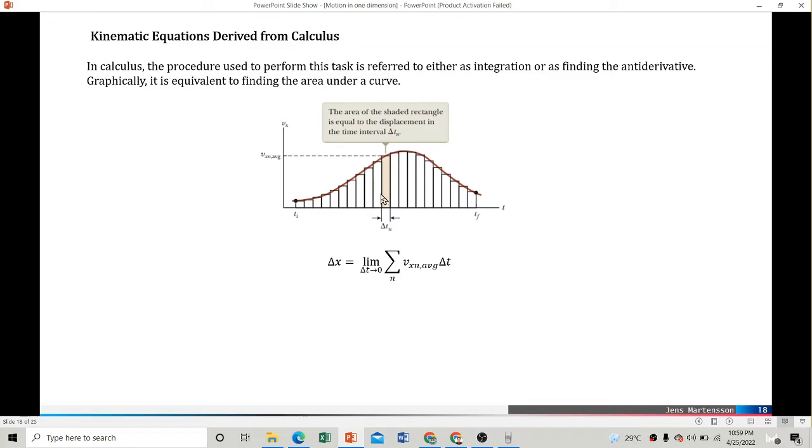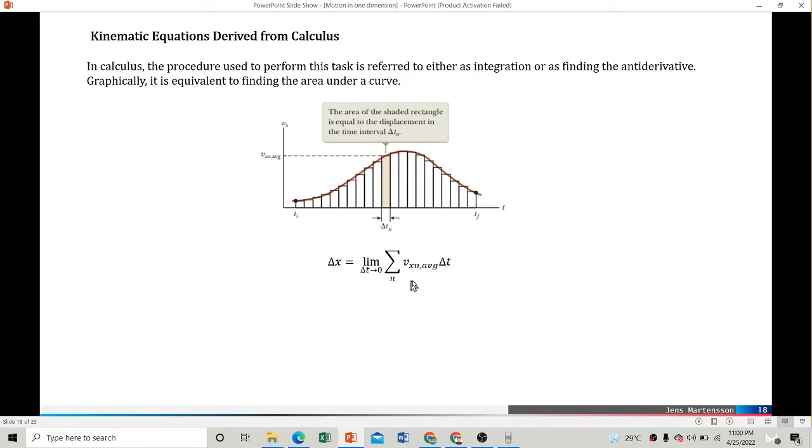The more strips we have, the narrower the rectangles become, so they fit our curve better. Then we get the total area of this curve, within the boundaries of t initial and t final.